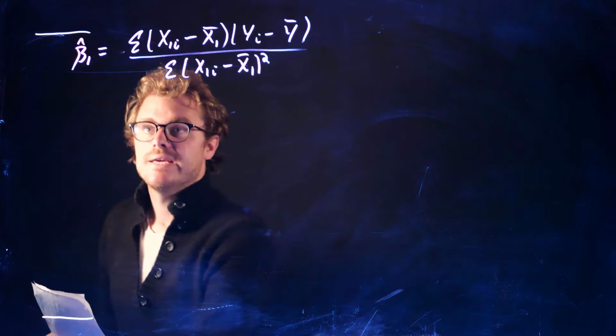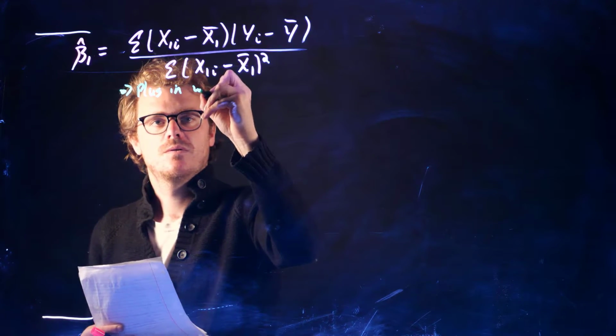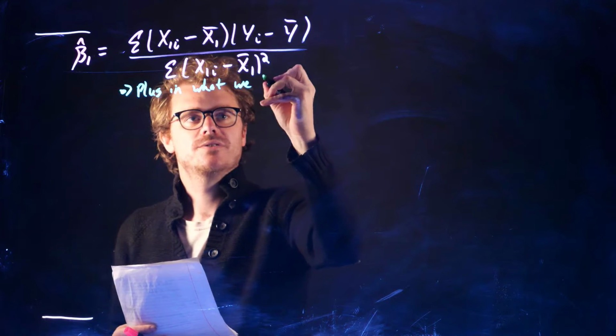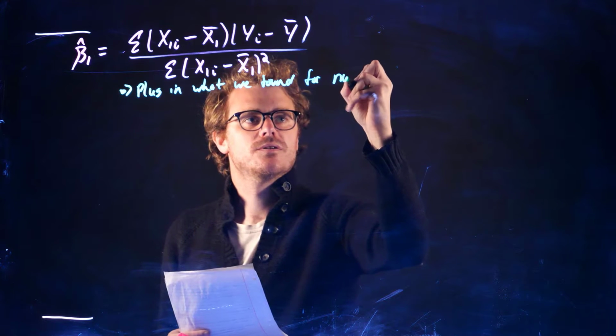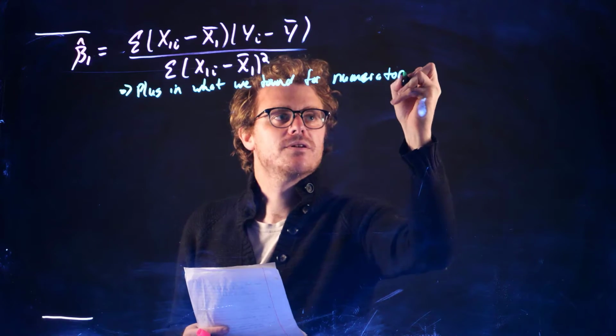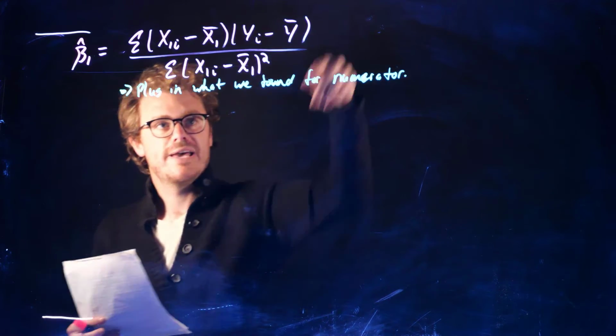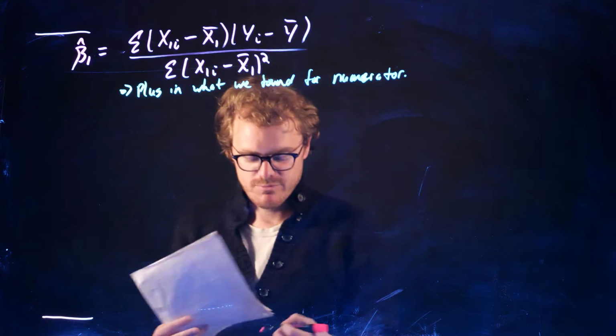And so now we can plug in what we found for the numerator. We're playing around, so to speak, with this numerator, so we're just going to plug in what we got for it.